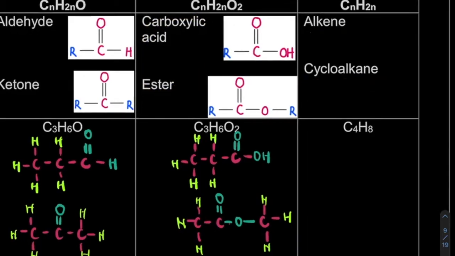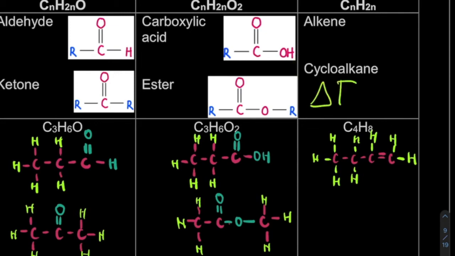Last but not least is for the case alkene and cycloalkane. Okay, so alkene, so maknanya it has 1 double bond. Okay, lepas tu kita nak cukupkan each of the carbon must have 4 bond. Okay, and then we're going to finish up with our hydrogen. Okay, so that's for alkene. So how about cycloalkane? Okay, cycloalkane ni cyclic structure lah.